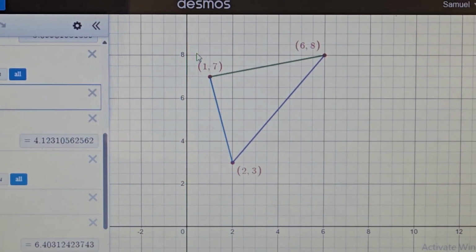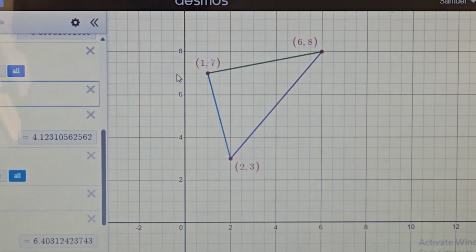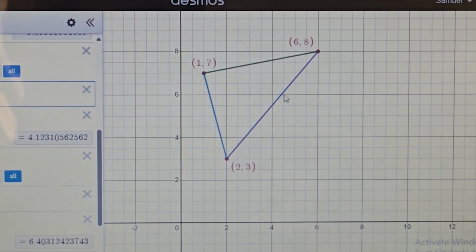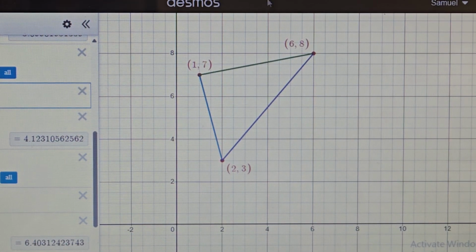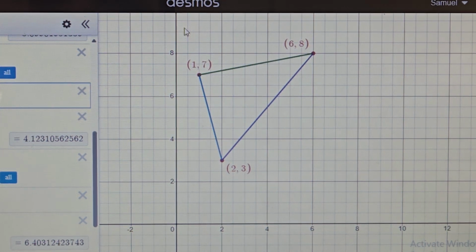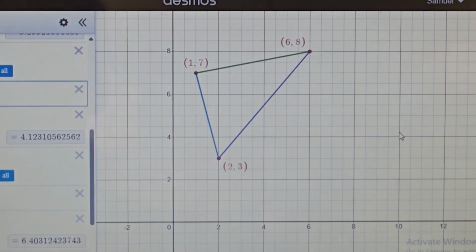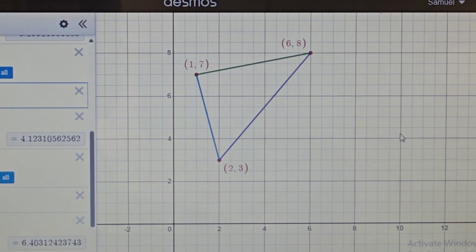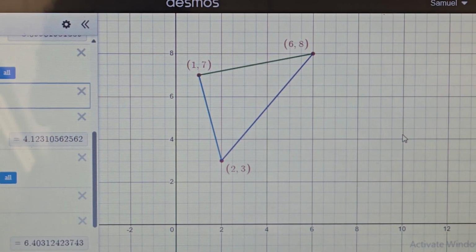For example, the point 1, 7 would correspond with the purple line, 2, 3 green, and 6, 8 blue. It doesn't matter which order you put these groups in, as long as they're properly grouped.